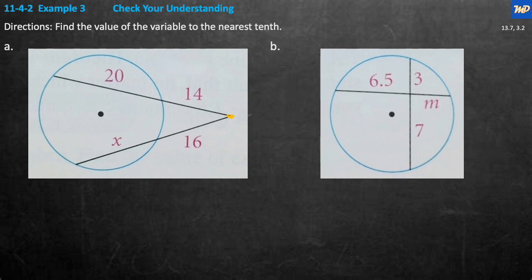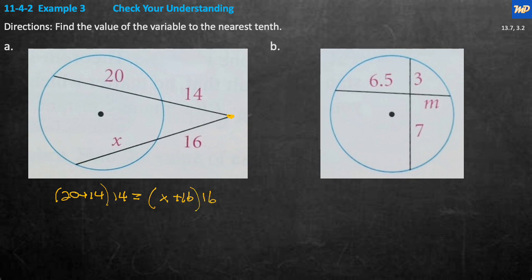So hopefully there's enough room for this. What are the two equations? What are we going to set equal? It's going to say 20 plus 14, times 14, is equal to the quantity x plus 16, times 16.